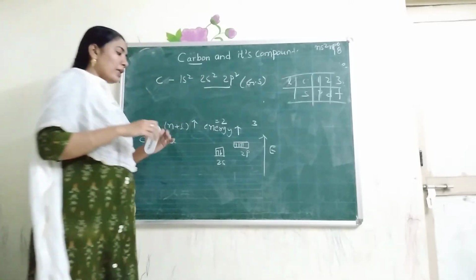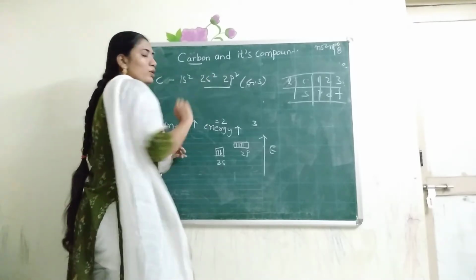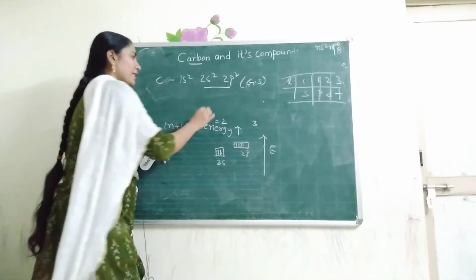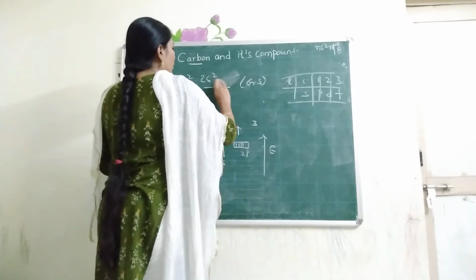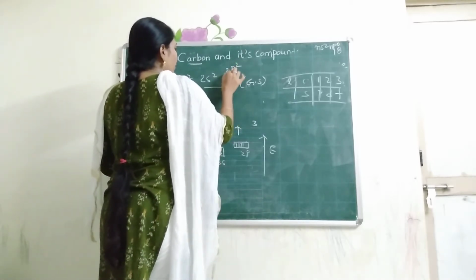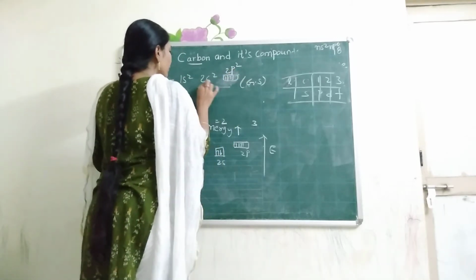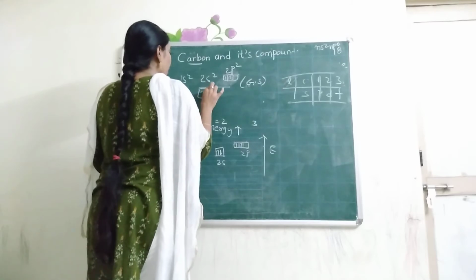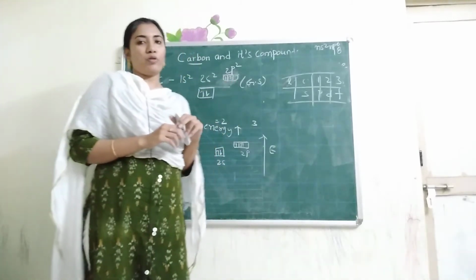For example, if I supply some energy to the electron in the 2s orbital, there is an energy difference between the 2s and 2p orbitals, isn't it? The 2s has a low amount of energy, the 2p has a higher amount of energy.